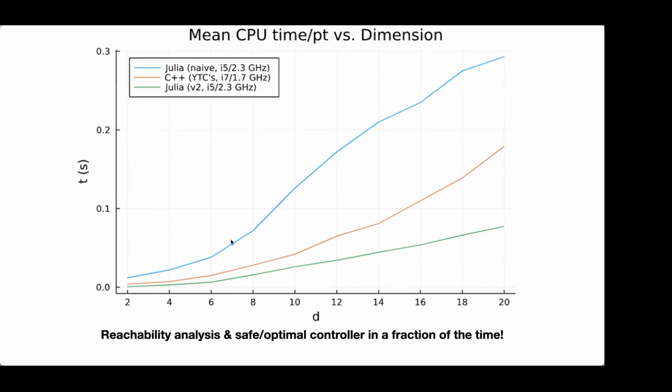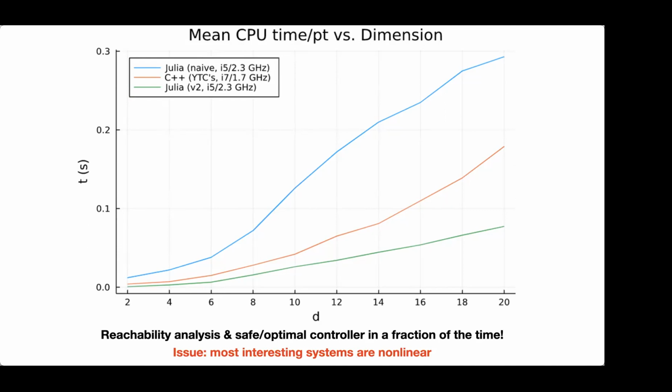The normal reachability analysis would not come close to fitting on this. For 2 dimensions, it would take like minutes. 4 dimensions takes hours. 6 dimensions, maybe you could solve over the course of days. So here instead, Will is solving this on the order of 0.1 seconds. So this is much, much faster.